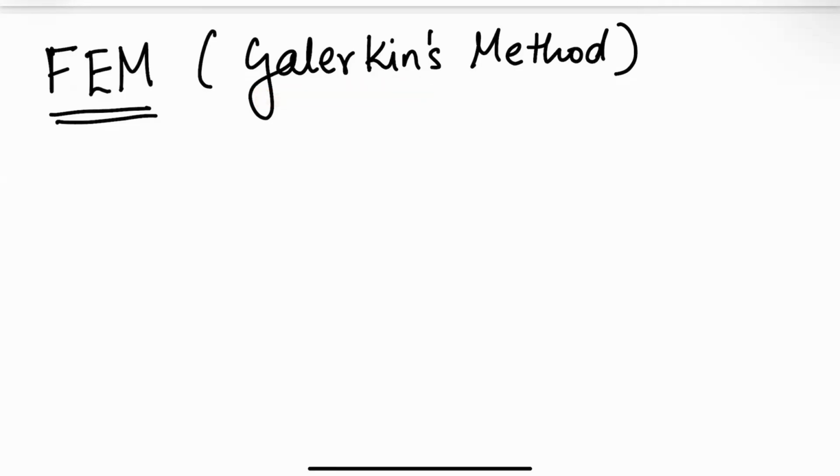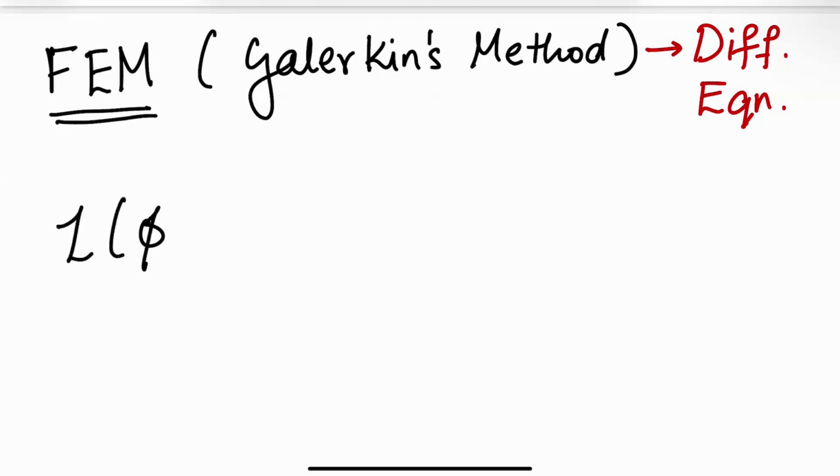So this is based on differential equations. You don't need a variational formulation to do finite element. If I have a differential equation and I want to solve it numerically, you can use Galerkin's method and finite element. So we'll treat the general case of a differential equation, which is given by this, where F is the excitation.